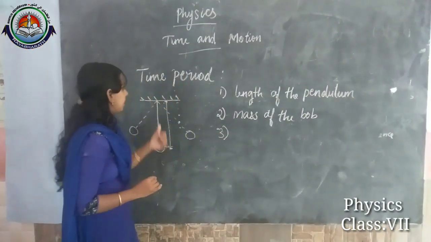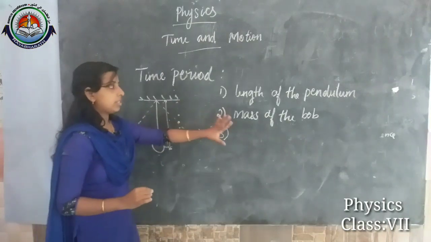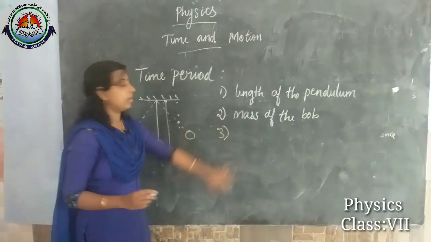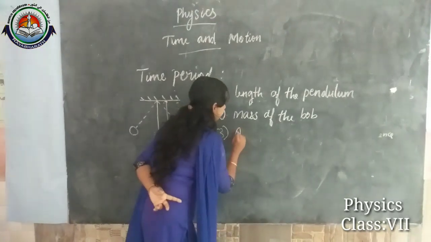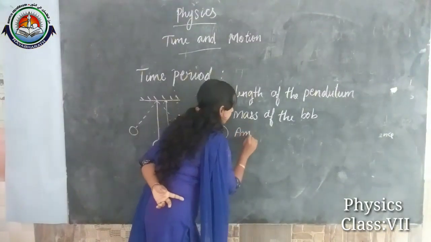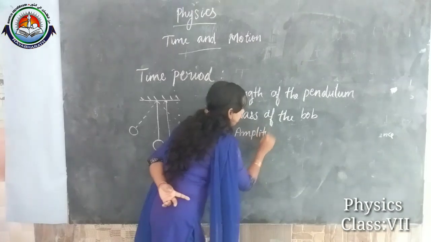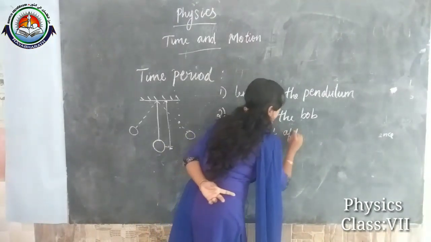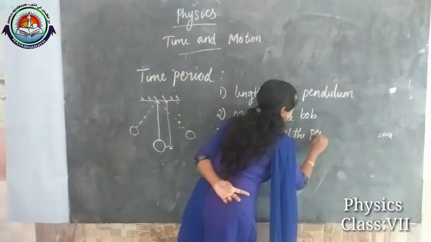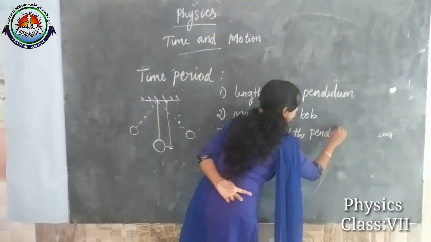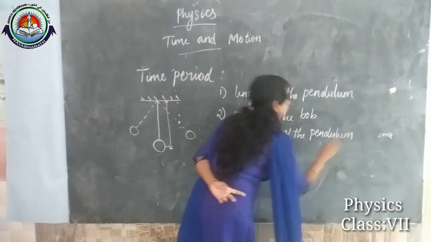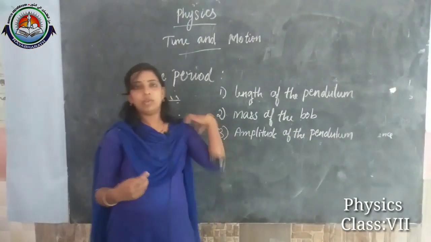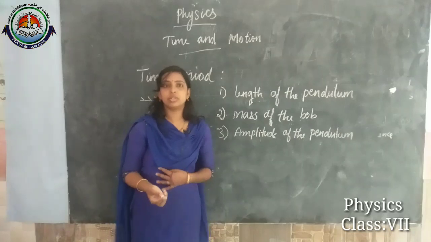Okay, and the third one. We have seen length and mass. So the third case is the amplitude of the pendulum. What is the amplitude of the pendulum, or what do you mean by amplitude?